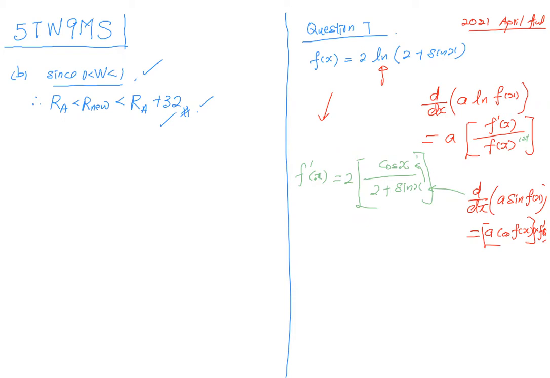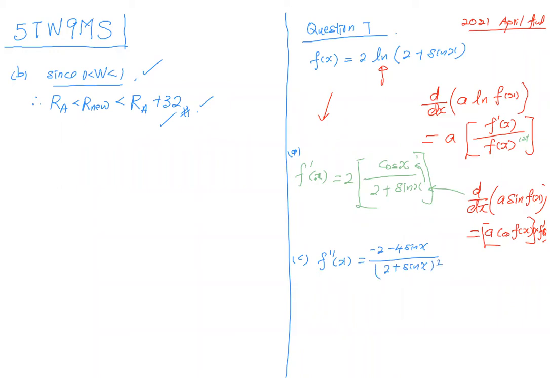Okay, someone requested part C. So look, this is part A. Part B, I'm not going to do. So part C, I have my f double prime x equal to negative 2 minus 4 sin x over 2 plus sin x, the whole thing squared.